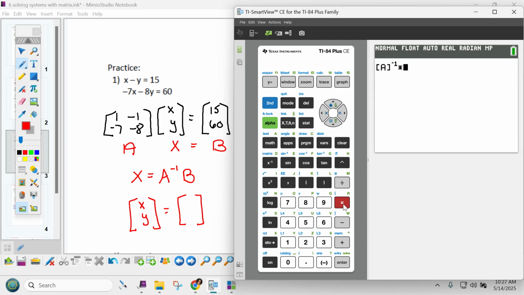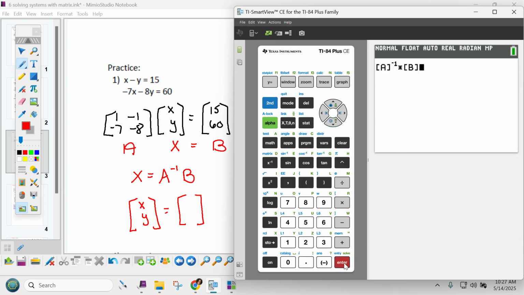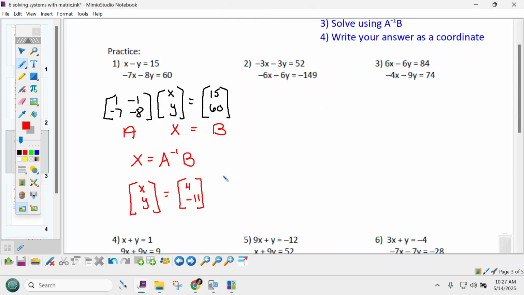We're going to multiply that by matrix B. So second matrix again. And now on the names menu, I go down to number 2. Press enter. And there's our answer for -11. And so what that means is these two lines have an intersection at the point for -11. It's a one solution system of equations.